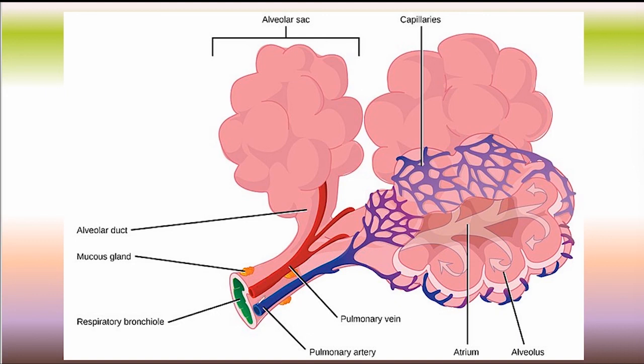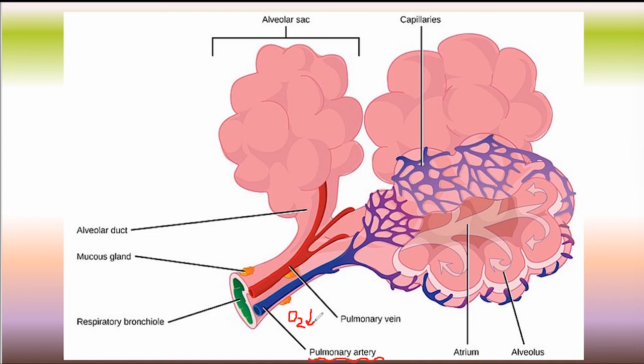Remember, circulation in the lung is totally different from other parts of the body. The blue one here is the pulmonary artery. It carries low oxygen blood. We separate artery and vein: arteries carry blood away from the heart.